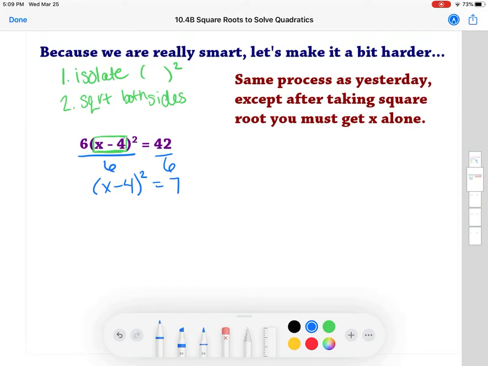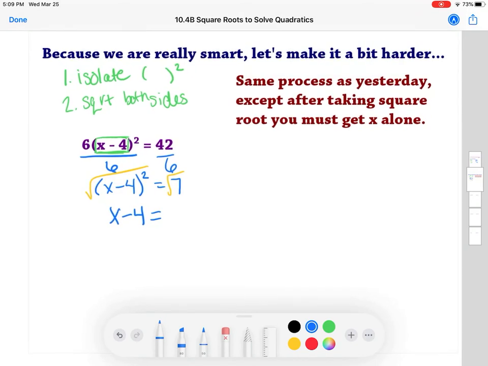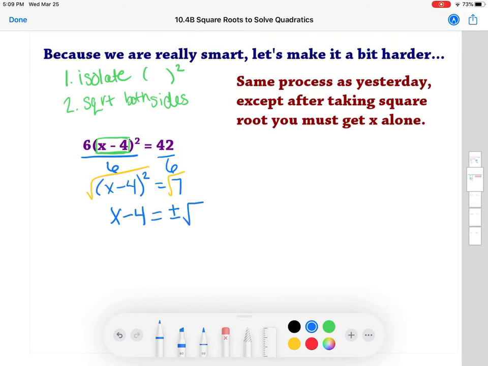Okay, then I have my squared thing all by itself, so it is now time to square root both sides. That square root and that square, excuse me, are going to cancel each other out. So we will have x minus 4 equals, we still need to do plus or minus, the square root of 7. Remember, you have calculators. You can type that in if you want to, or you can leave it.